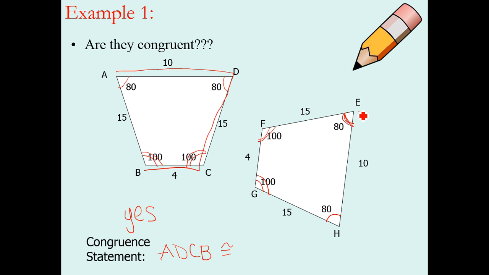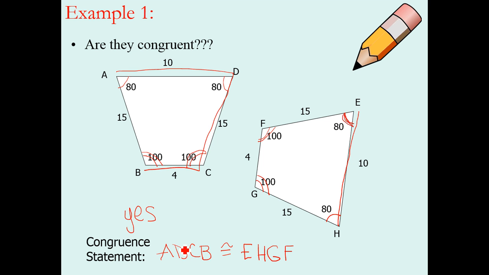So I would need to start at an 80-degree angle like E, go to the next 80-degree angle like H, so I'll go E, H, G, then F around the shape, being sure that all of those angles match in that order, okay?